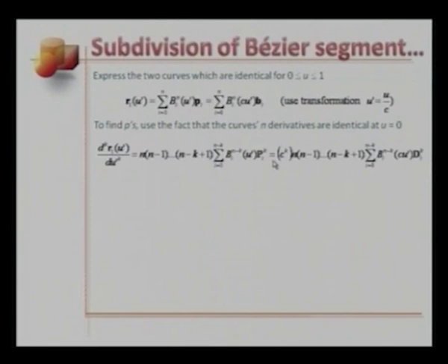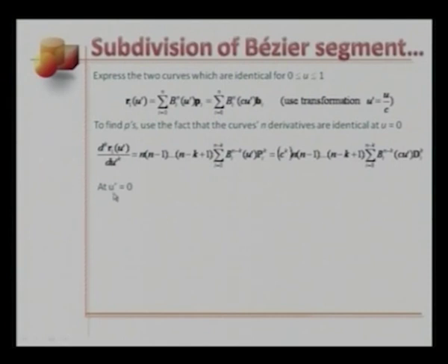This is equal to c raised to k times n times n minus 1 up till n minus k plus 1, summation i going from 0 to n minus k, b sub i n minus k function of c times u prime, times capital D sub i k. What capital P sub i k and capital D sub i k are is something that you would know from previous lectures.